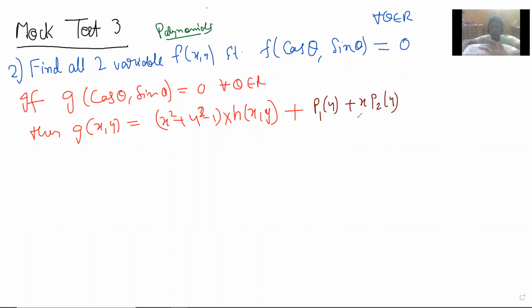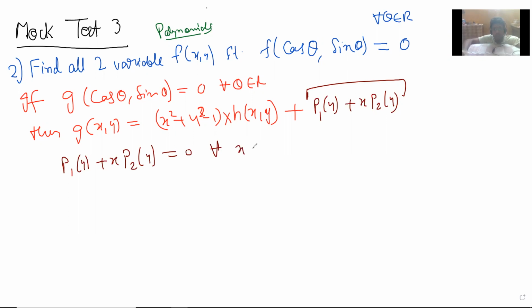Good. Now, what do we want? Basically, that's the reason why we did this, we want this to vanish, right? So basically, you want this polynomial to be 0 for all theta, for all x. I mean, better to just write.